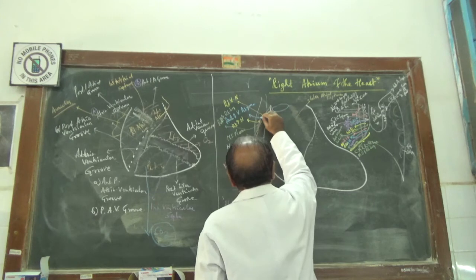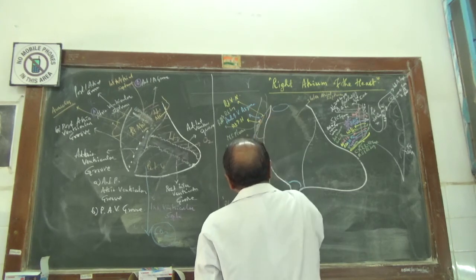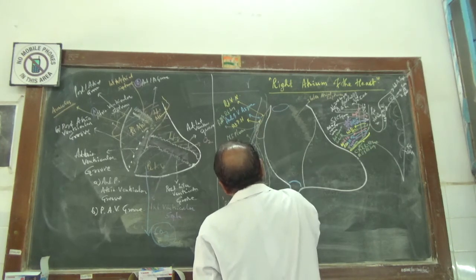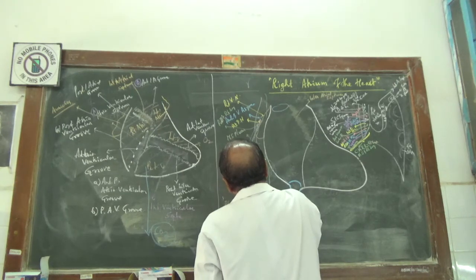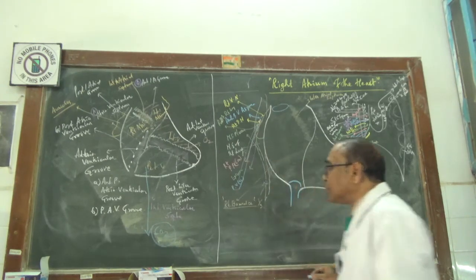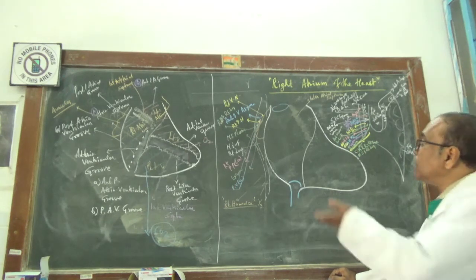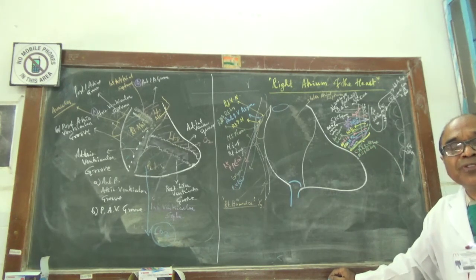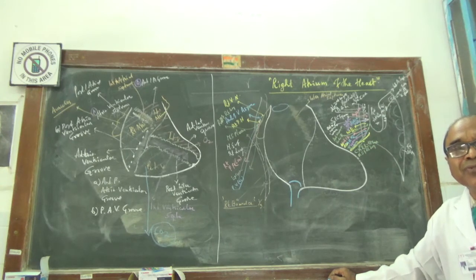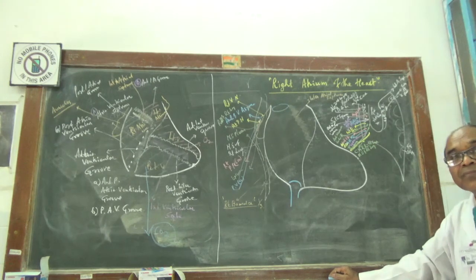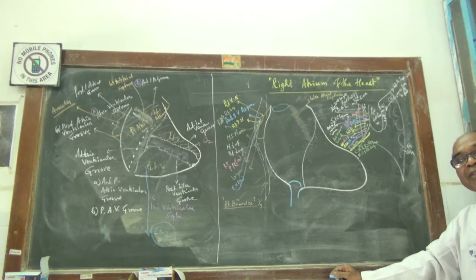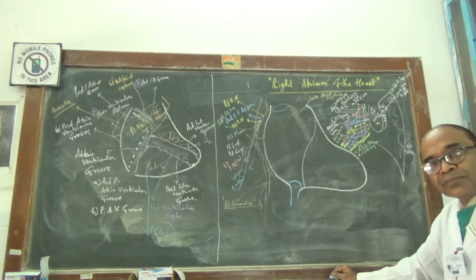Then you have the pulmonary veins too, which carry oxygenated blood after the pulmonary circulation to the left atrium of the heart, which is situated behind and towards the left of the right atrium, and separated internally by the interatrial septum.